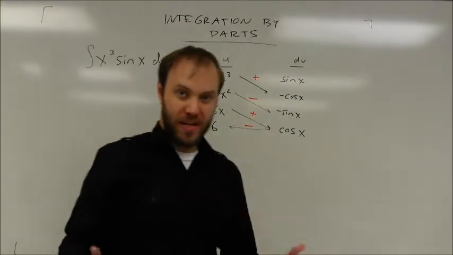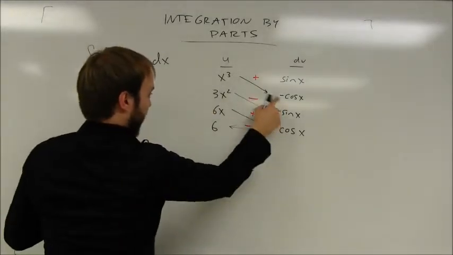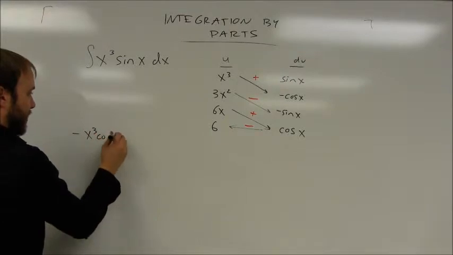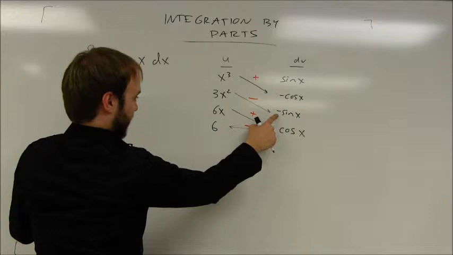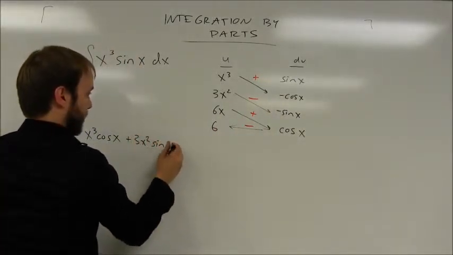These signs are always going to alternate here all the way to the bottom. And so you can get this answer pretty easily. This is going to be x, it'll be negative x cubed cosine of x. Okay, now it's going to be minus, but it's going to be minus and negative. So that's going to be plus 3x squared sine of x.